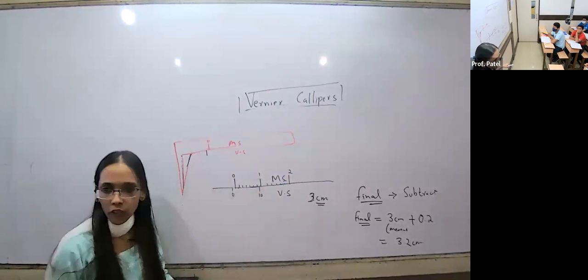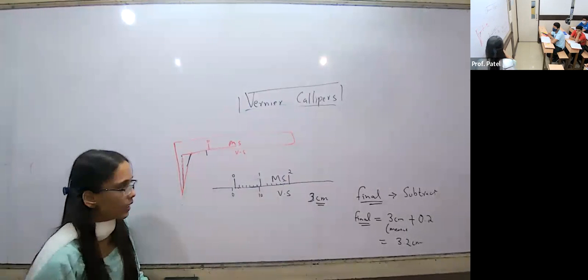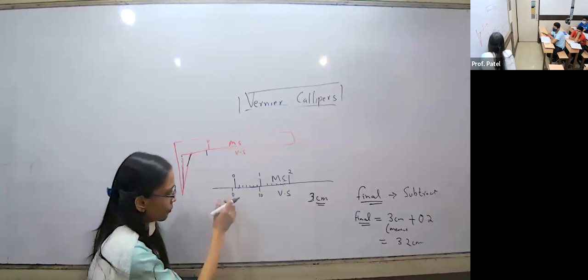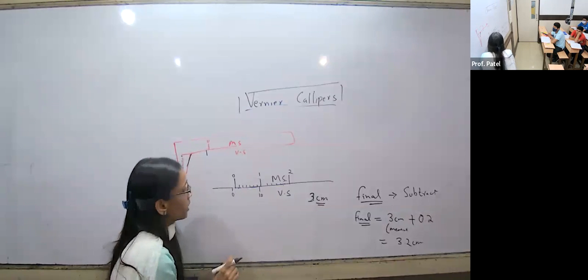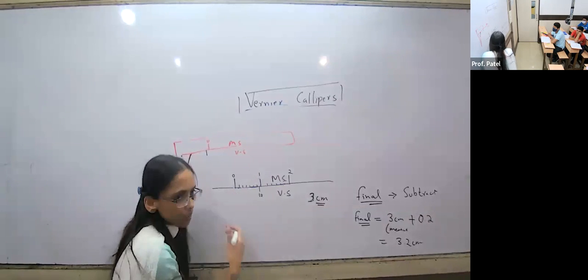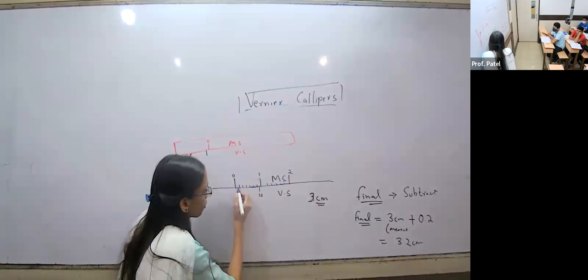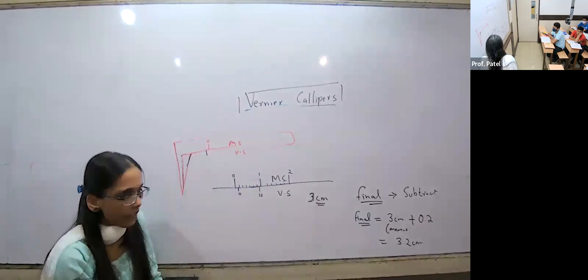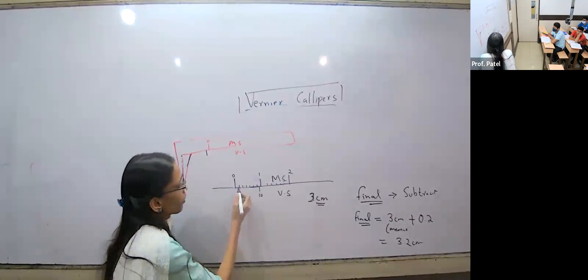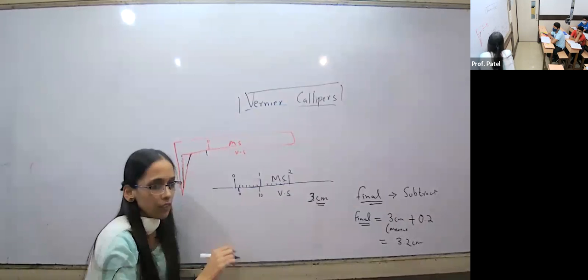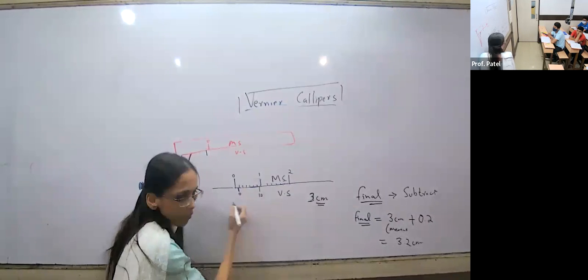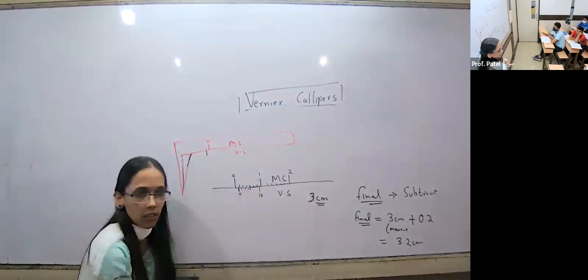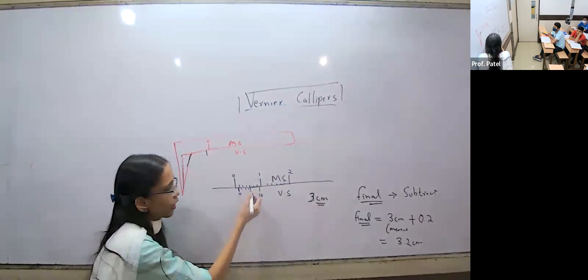How do we measure error now? I'll take positive error first because that is easier, so that you will not get confused. So this is slightly ahead. We check the vernier section again. Which of the lines is overlapping out of those 10 lines?